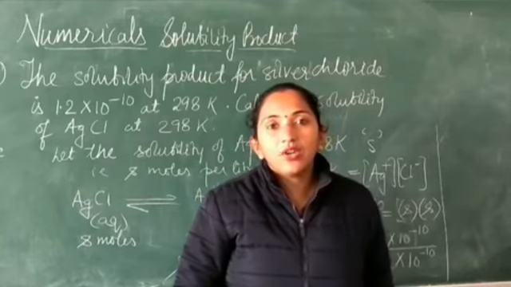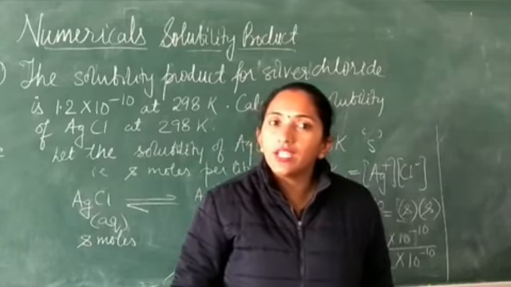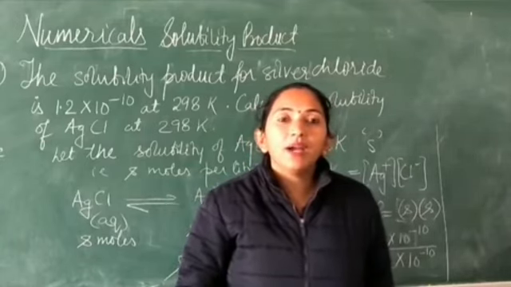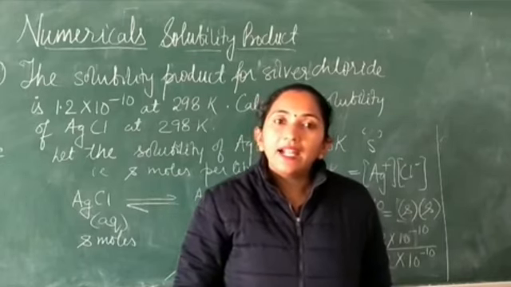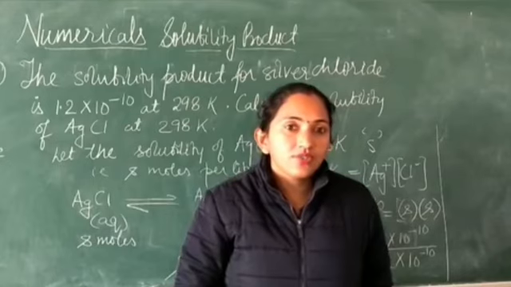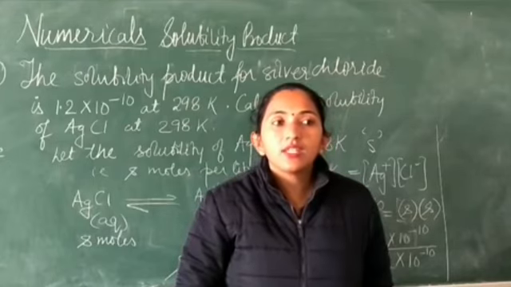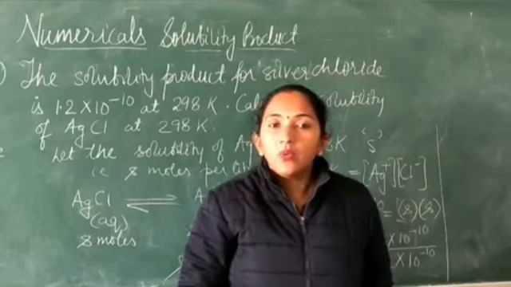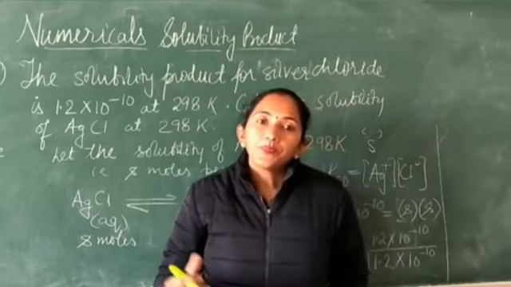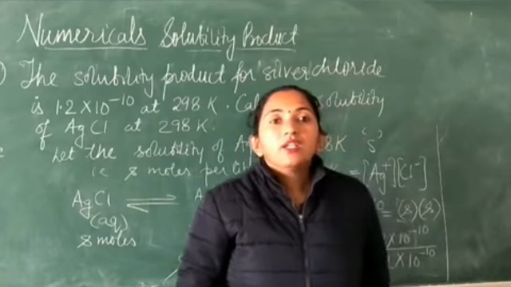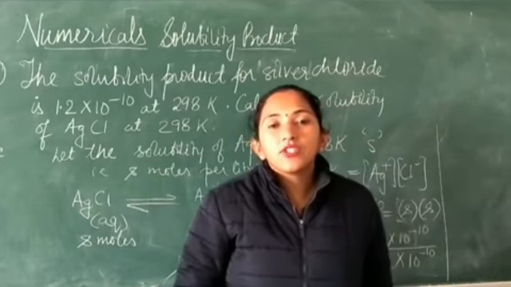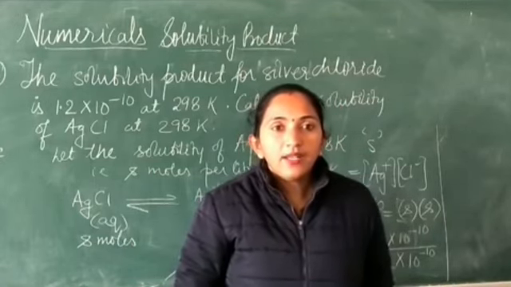It is the product of the molar concentration of the ions given by 1 mole of a particular salt, at any concentration. That means the solution need not be saturated. Whereas for the KSP, that is the solubility product, the salt has to be in a saturated state.